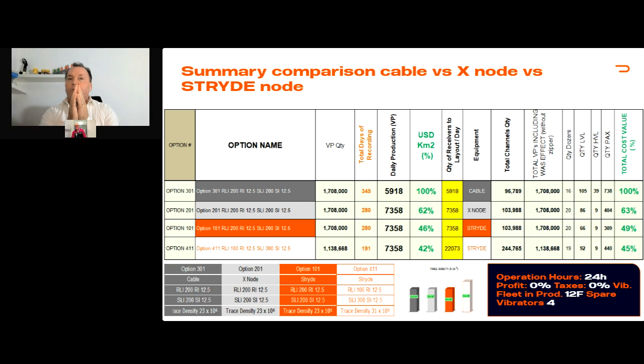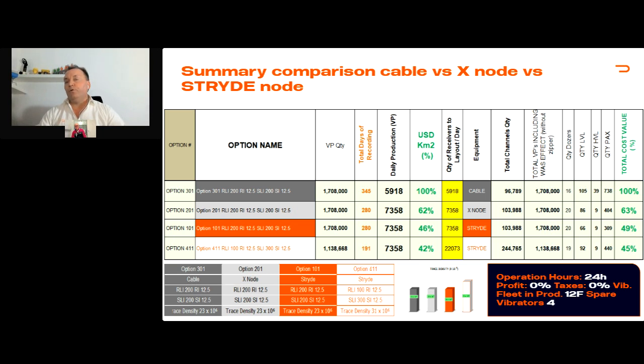So if the cable costs 100%, the generic node would cost about 62%, and the stride node would cost about 46%.